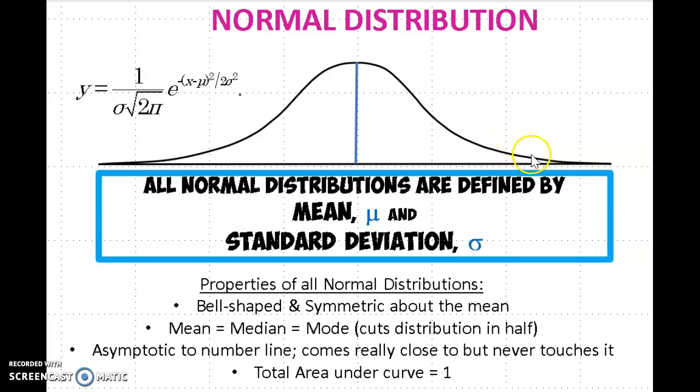So technically, they go to positive and negative infinity in either direction. So the probability of being that far into the tail is quite unlikely. And one more thing: since this middle line cuts the distribution in half with 50% on the left and 50% on the right, that means that the total area under the curve is equal to 1.